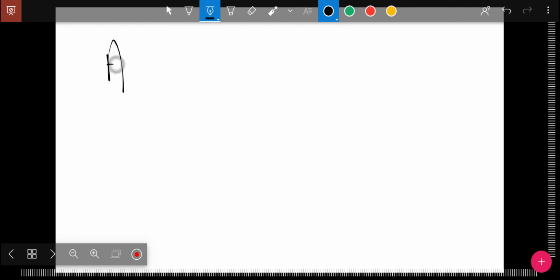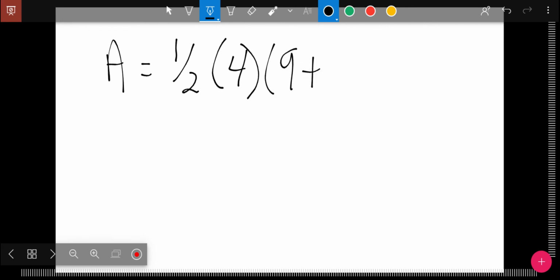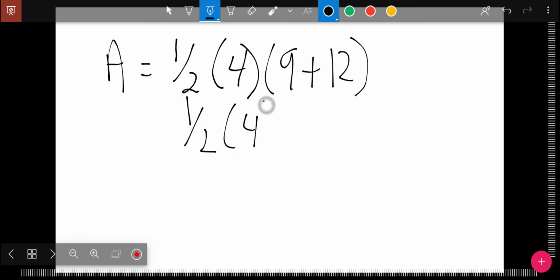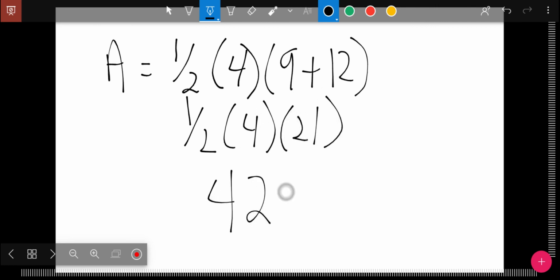So area equals 1/2 times the height times the top base added to the bottom base. So it's 1/2 times 4 times 21, which was 42 square feet.